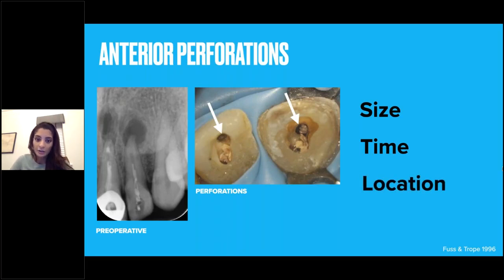The case that I showed you previously of the lower central incisor was completely supragingival, and we could repair that very easily. So very coronal perforations have a good success rate. If that perforation is still coronal but below, so subcrestal, then the success rate is actually quite poor because that very quickly communicates with the oral cavity.